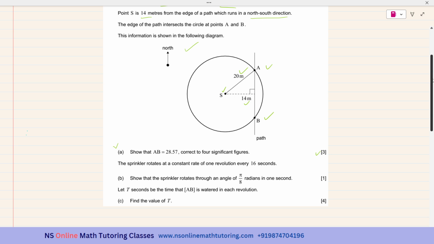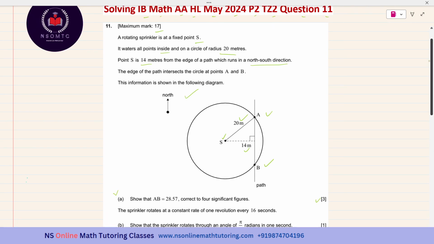Okay, so this is AB, and this is a right triangle that has been drawn. It is definitely the midpoint because this is a perpendicular drawn from the center of the circle to a chord. AB is a chord. So if you drop a perpendicular from the center of a circle to a chord, it bisects the chord.